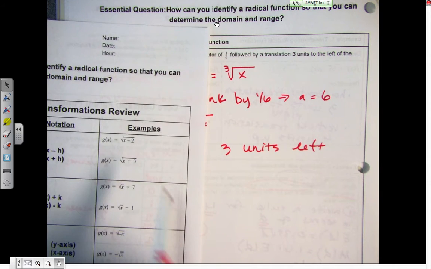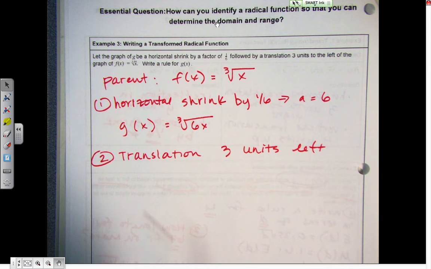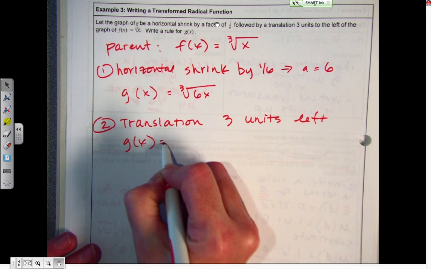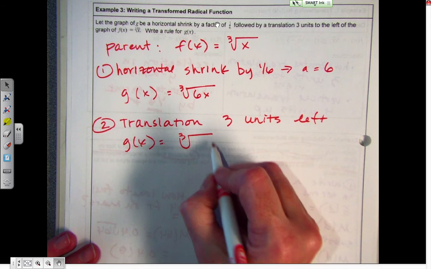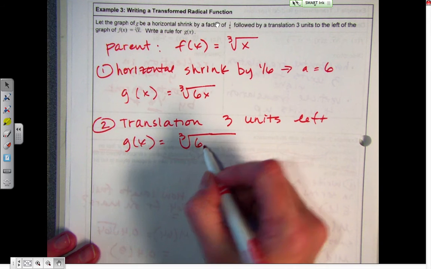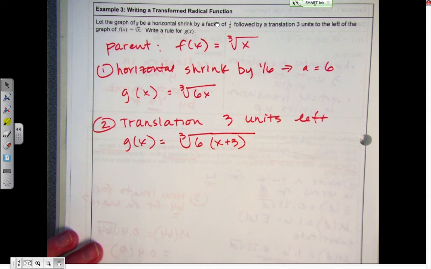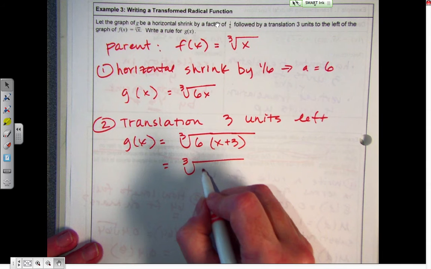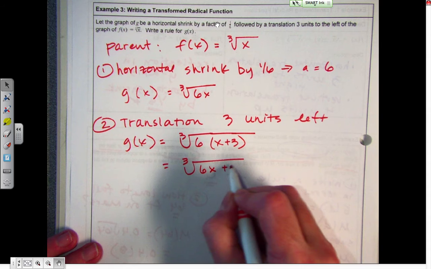It also has to be added onto the x. So we have g of x equals the cube root of 6 is our horizontal shrink. We need to add 3 to x to give our translation 3 units left. So then if we distribute the 6, that gives us 6x plus 18.